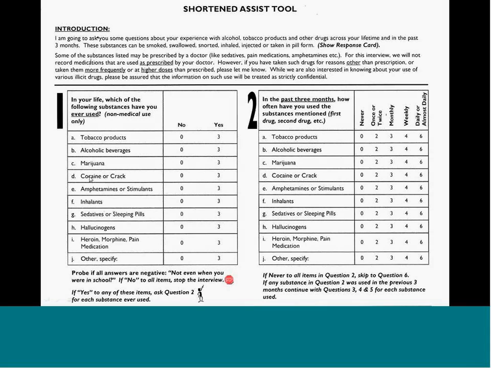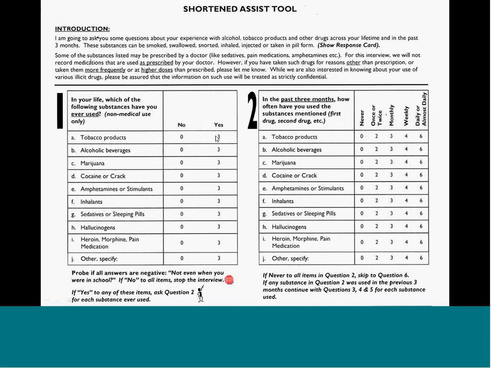You ask about all of the substances individually, and you circle their answers either yes or no. With this screening tool, there is a roadmap right underneath all of the questions that tells you what to do next. If all the answers in question number 1 are no, you are done with the ASSIST screening tool, and you can bill $24 for that. If you have any questions about billing, there's also a billing webinar that you can go to.